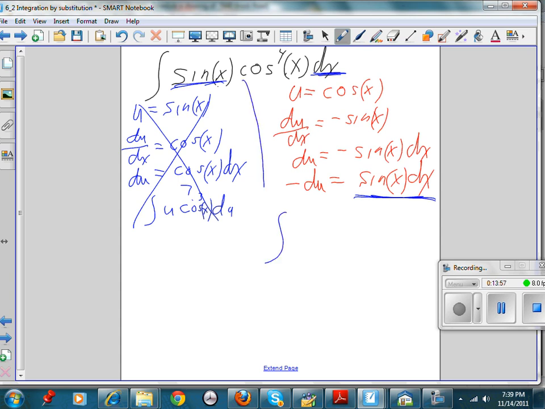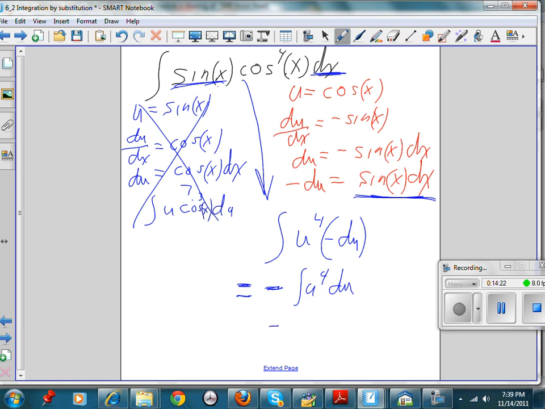Now I rewrite that integral as what? Well, it's just u to the 4th power times negative du, which is the same thing as negative u to the 4th power du. And see, now we've got an integrand which we know the antiderivative of. What's that going to be?